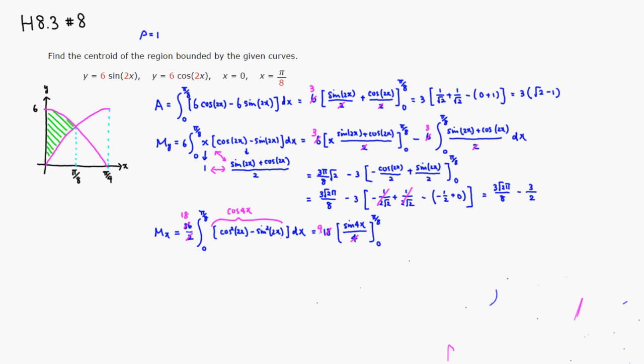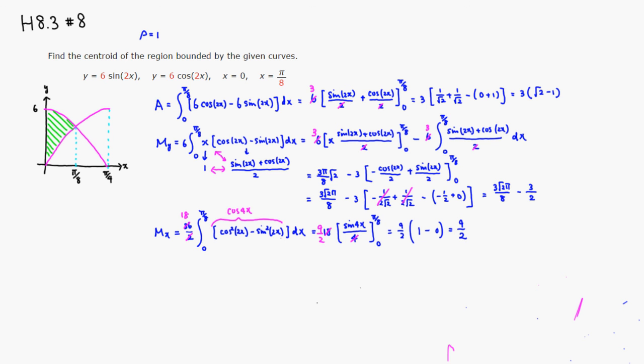Plug in pi over 8, so it's pi over 2. Sine of pi over 2 is 1, minus sine of 0 which is 0. So it's going to be 9 halves. It's a fairly long computation.